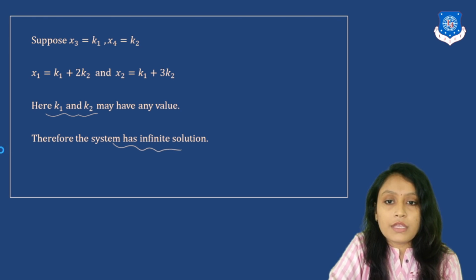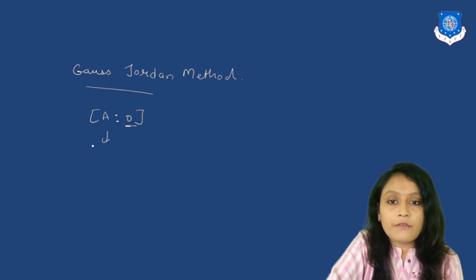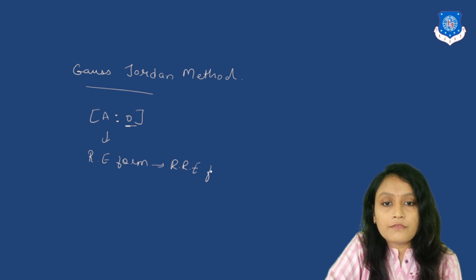So in today's session, what we studied? Gauss-Jordan method for homogeneous system. Firstly, we will write the augmented matrix form. Here we have 0 because we are using a homogeneous equation. Firstly, we will form the row echelon form, and then we will find the reduced row echelon form.